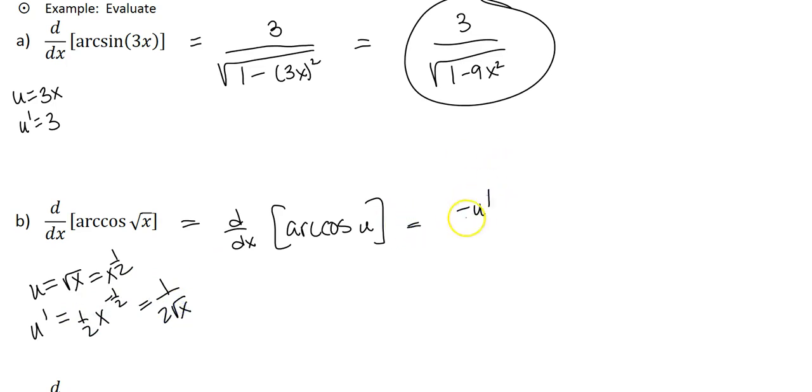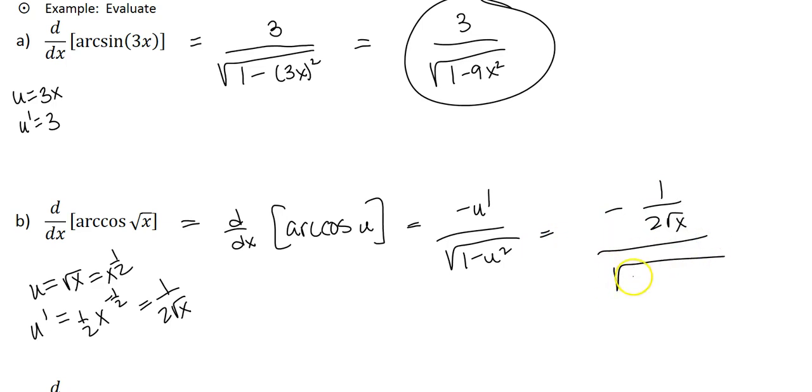So this is negative u prime divided by the square root of 1 minus u squared, which is negative 1 over 2 square root of x, divided by the square root of 1 minus the square root of x squared. So that gives me negative 1 over 2 square root of x divided by the square root of 1 minus x. And I could clean this up a little bit.